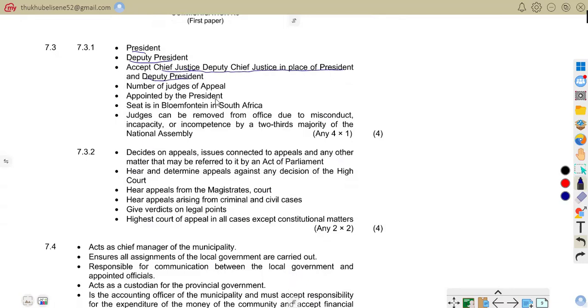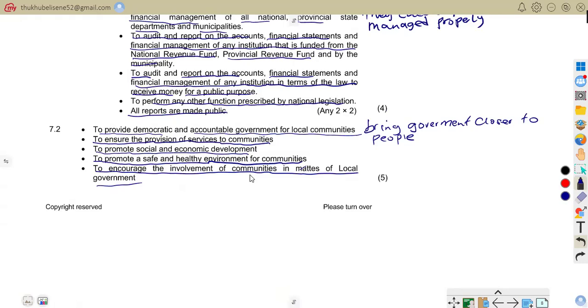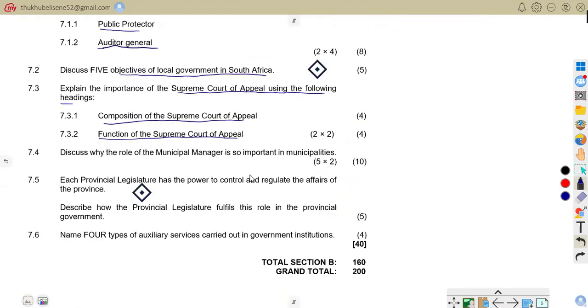A number of judges of appeal appointed by the President. Seat in Bloemfontein in South Africa. Judges can be removed from office due to misconduct, incapacity, or incompetence by a two-thirds majority of the National Assembly. So these are the answers for 7.3.1, the composition of the Supreme Court of Appeal.